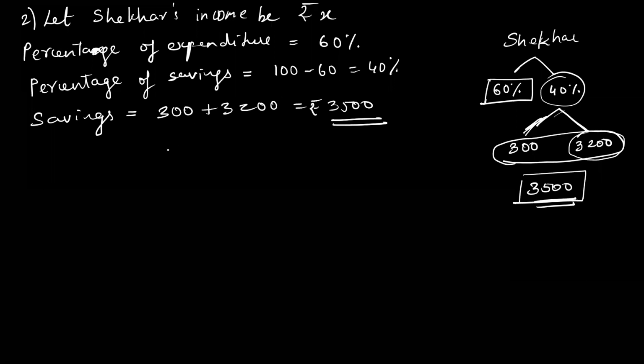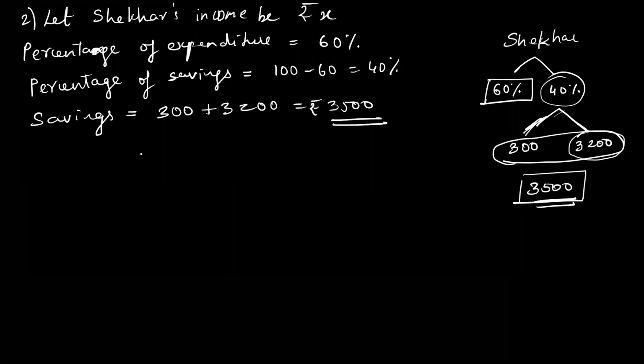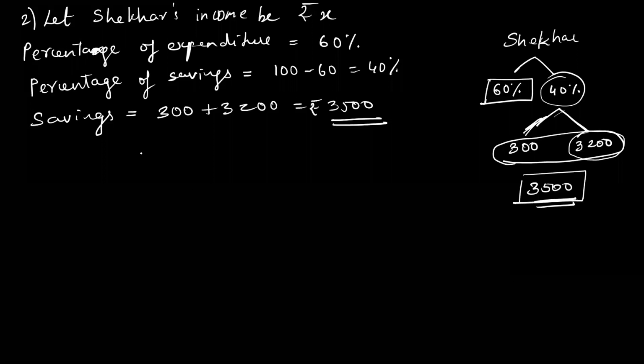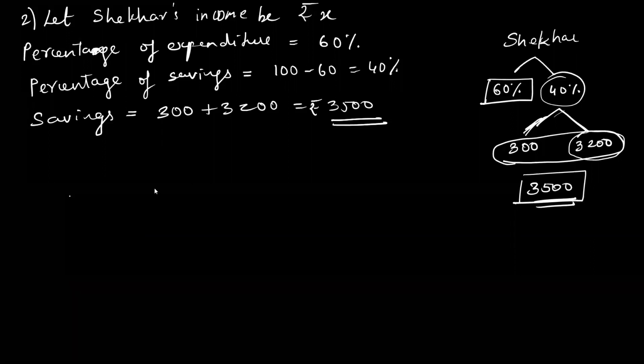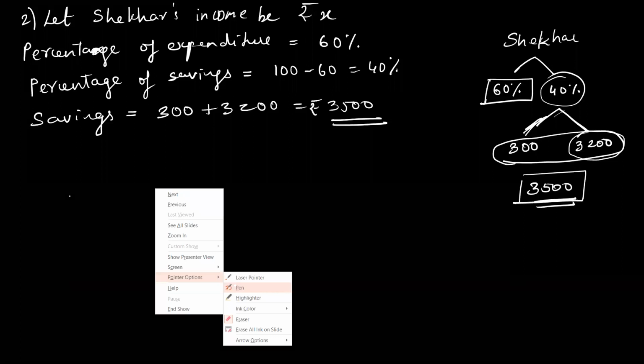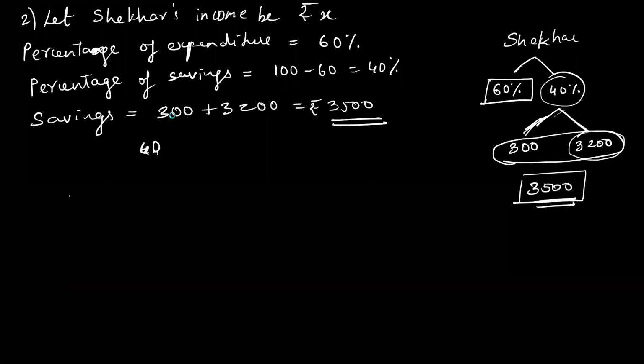So what to write over here? 40 upon 100 into x is equal to 3,500. 40% of x means 40 upon 100 into x is equal to 3,500. Okay. Anything to cancel? 0, 0 gets cancelled.